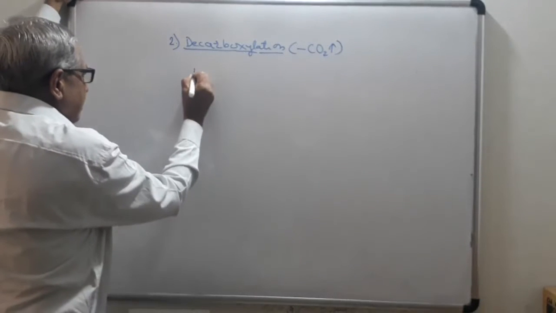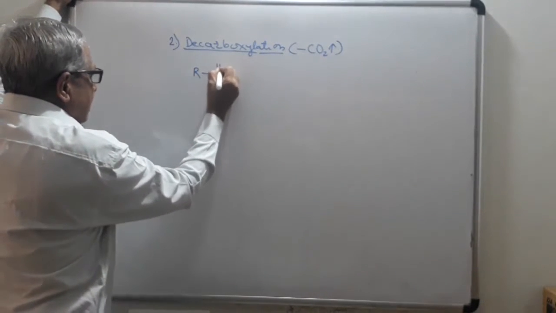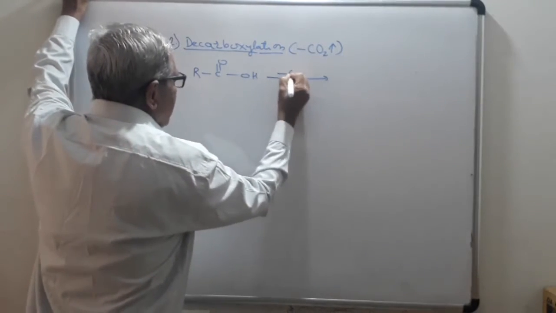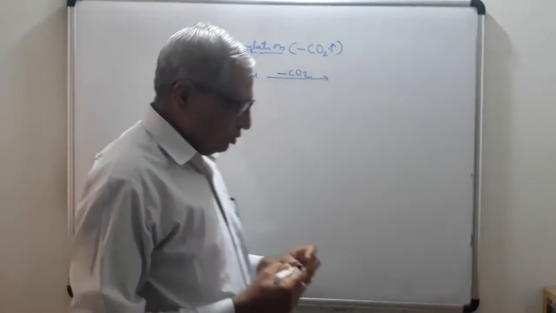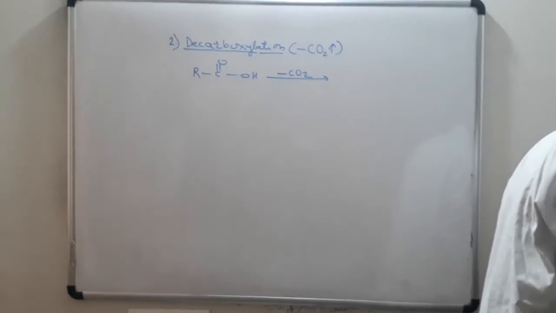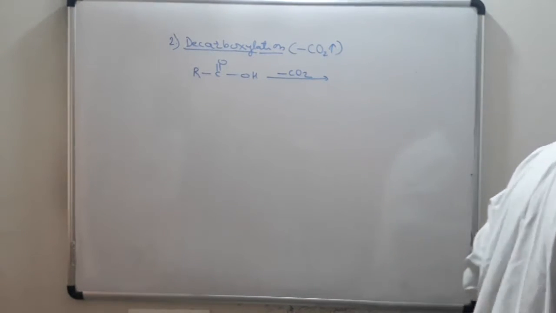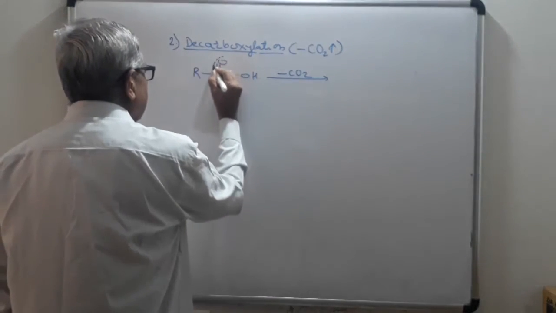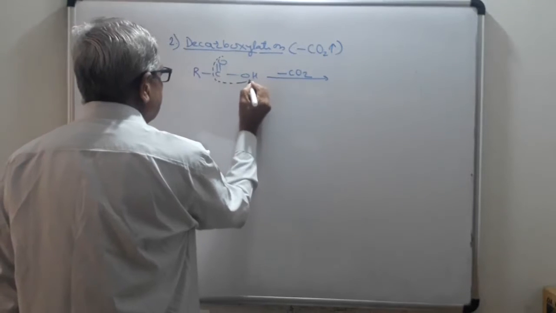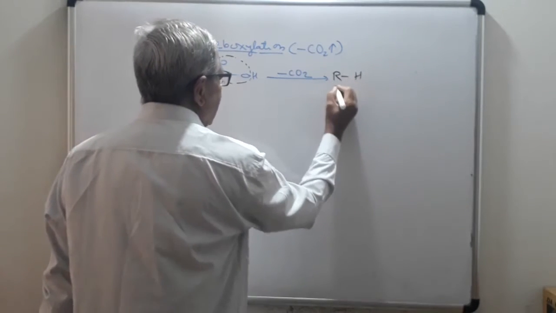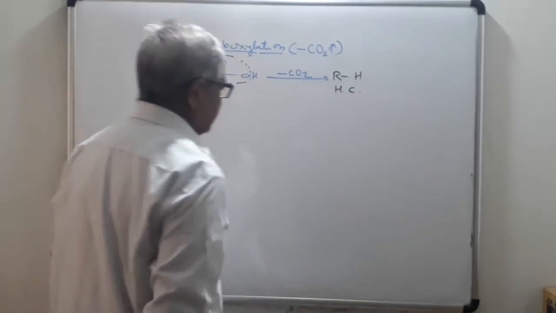Now see here, this is RCOOH. When you remove CO2, the reaction is known as decarboxylation. Now the question arises, what will you get here? You will remove this CO2 and get RH, that is called a hydrocarbon.